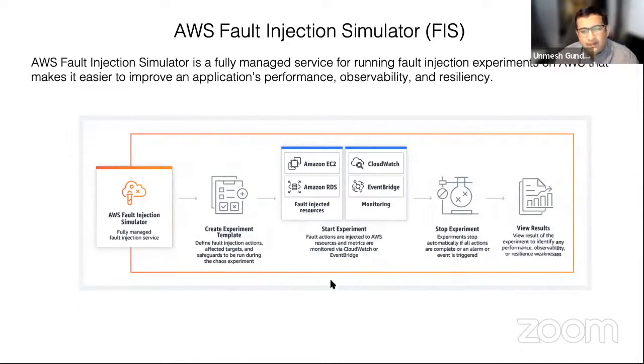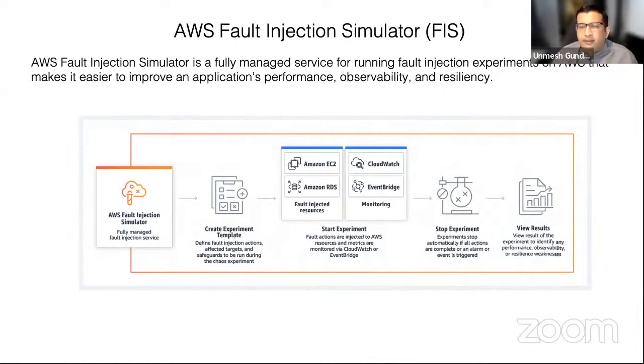What you do is simple. It comes into your AWS account, and it gets access to your VPC, your virtual private cloud, and your subnets and your resources. You basically have to create an experiment template, similar to what we did with the chaos toolkit.